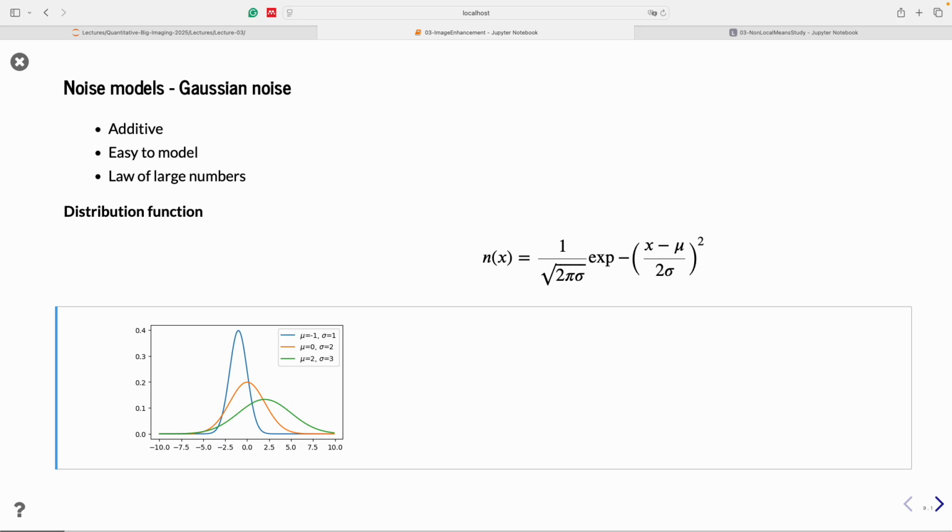So this is a go-to model when you start modeling noise in images and in signals. The other good thing is, thanks to the law of large numbers, most distributions at some point converge into something that is very Gaussian-like. So this is the first point to look into when we start modeling noise.